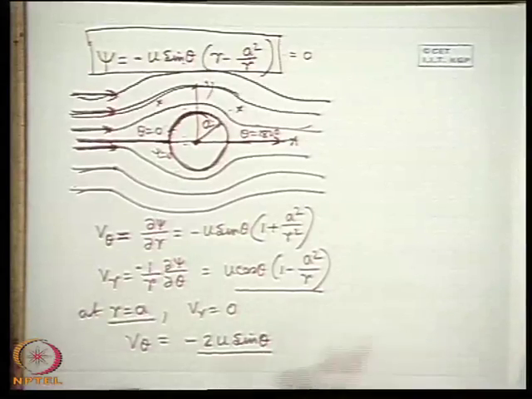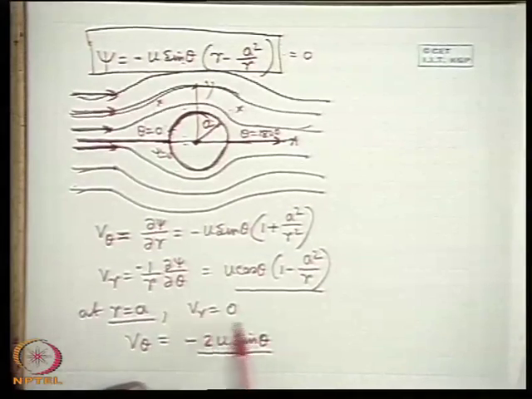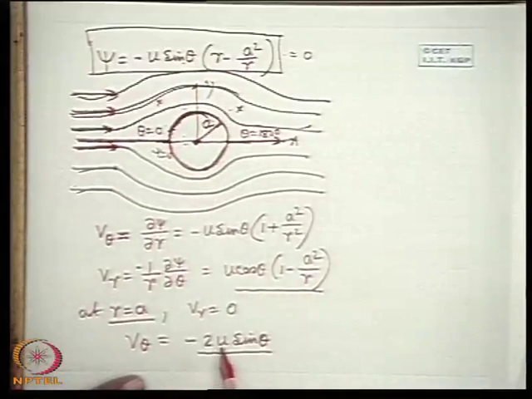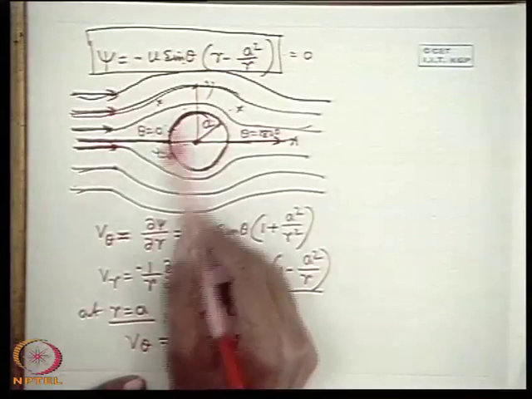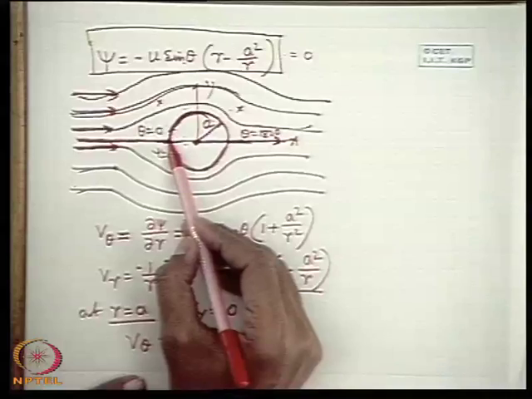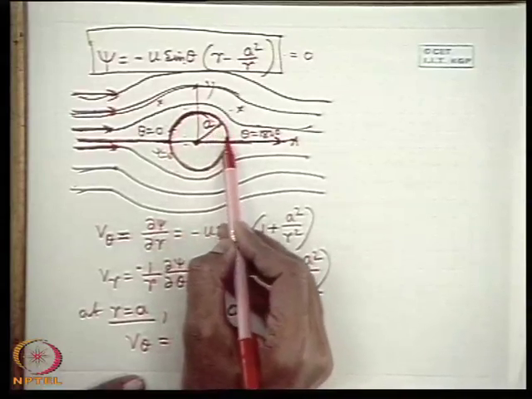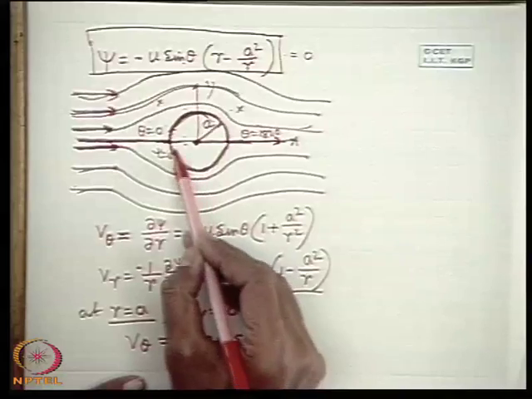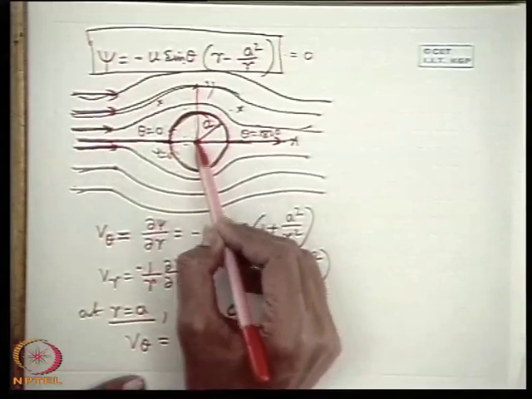Now from here one thing is very clear. This function is symmetrical about this axis. That means the velocity over this zone from 0 to 180 is the same as 180 to 360. But it is not symmetrical about this axis.